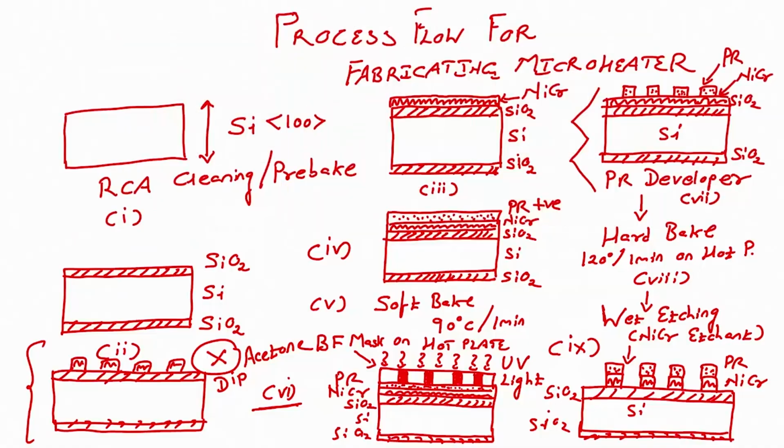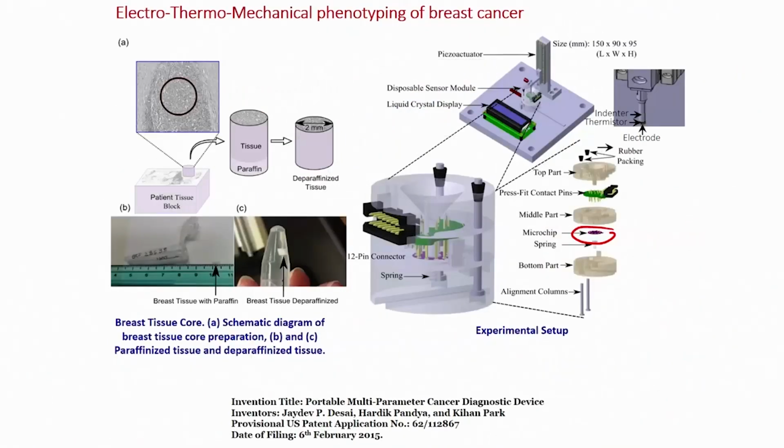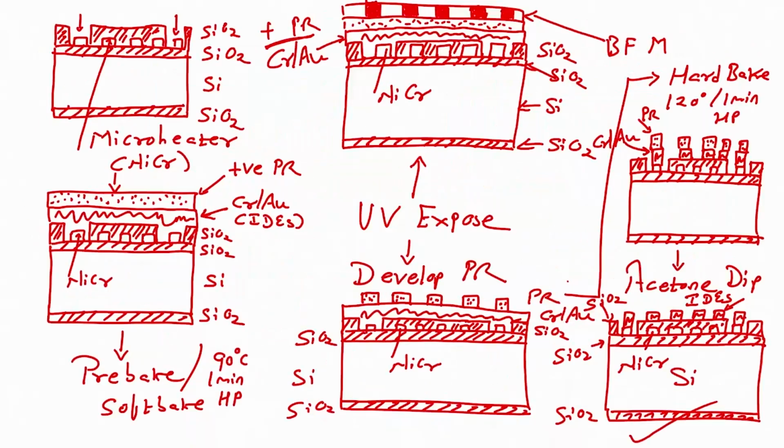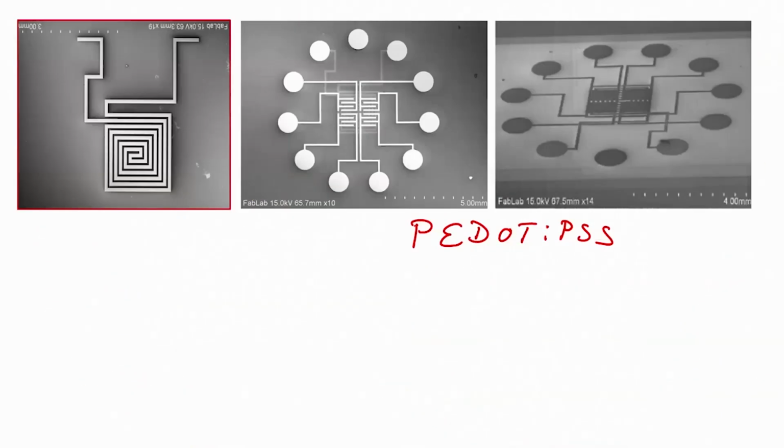So, I will draw a schematic diagram starting from this end, and then we will see how we can reach this chip. Let us call this chip A, B and C. We are drawing the cross section of B.